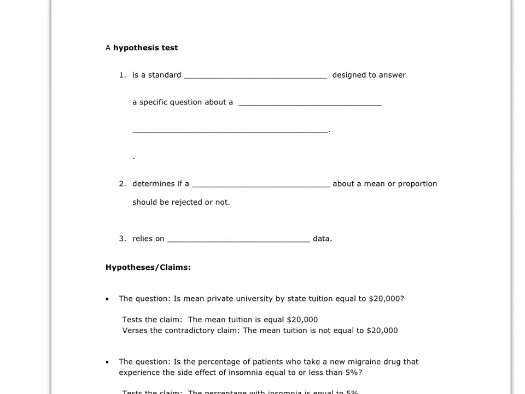If we define a hypothesis test, there are three things that we can say. It is a standard 4-step process designed to answer a specific question about a population parameter.